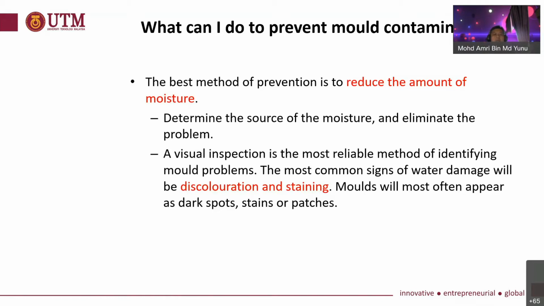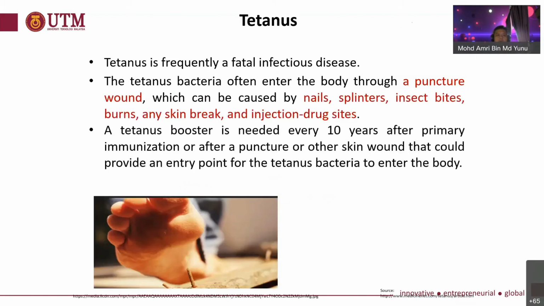When you carefully inspect the surface of the sink, you can see there are small holes. So visual inspection is the best way to find out the cause, and also follow the track, follow the pattern. It could lead you to the source of the moisture.